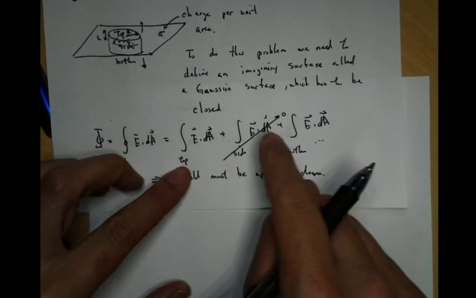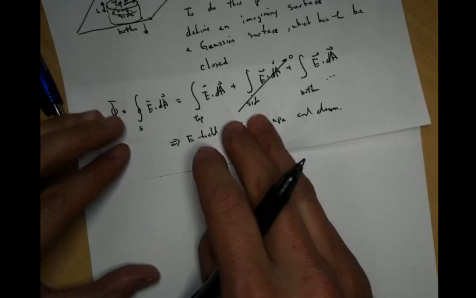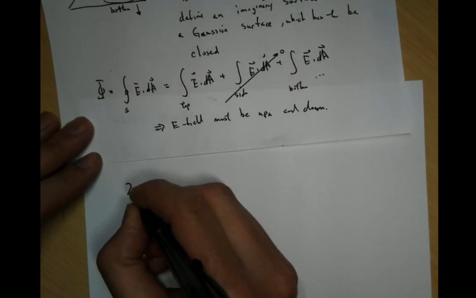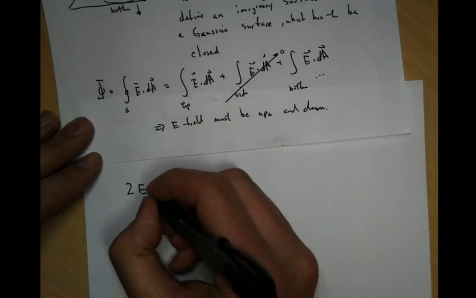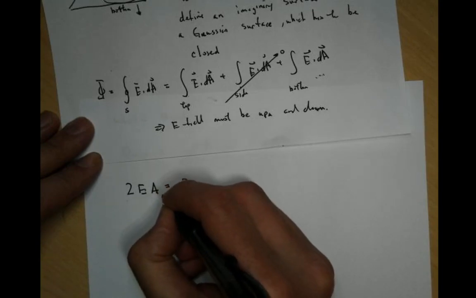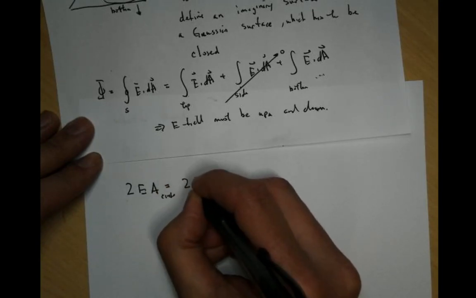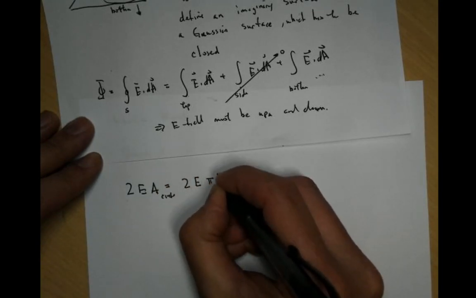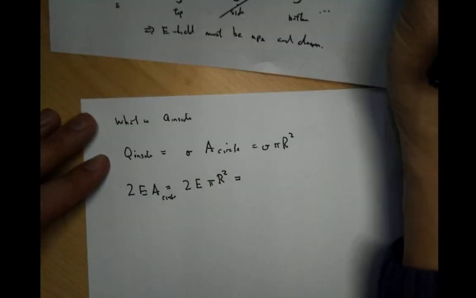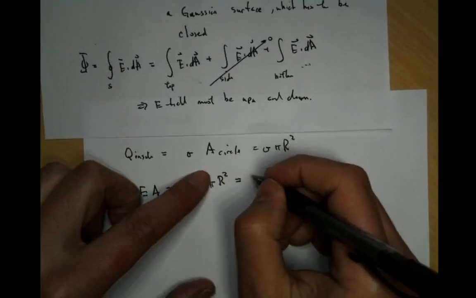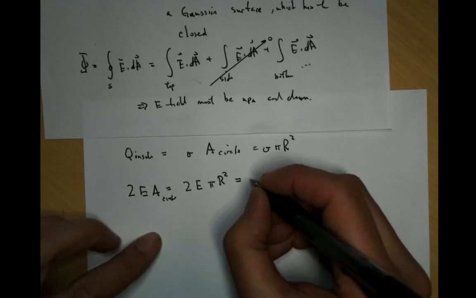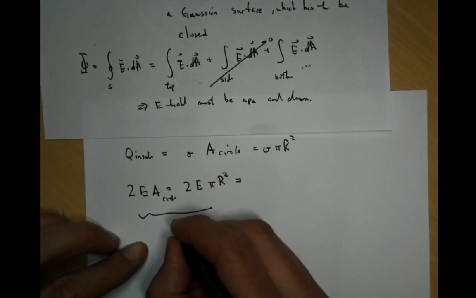So there are two pieces of that flux. So in fact, this is going to be 2E times the area of the circle, 2E times pi r squared, is equal to the Q inside, so this is basically the flux.